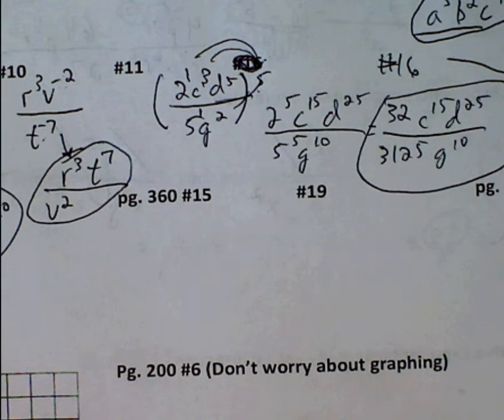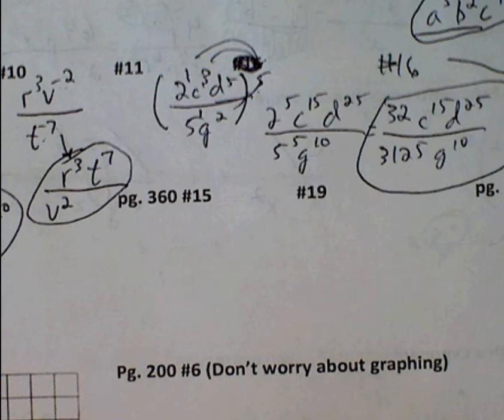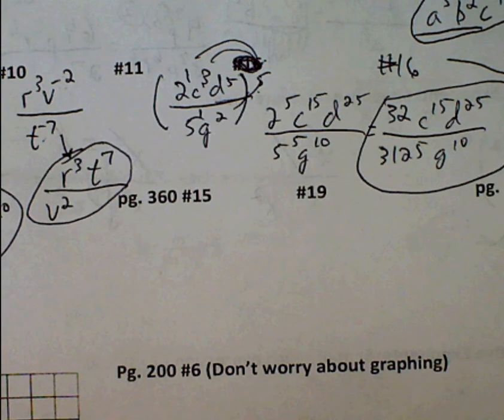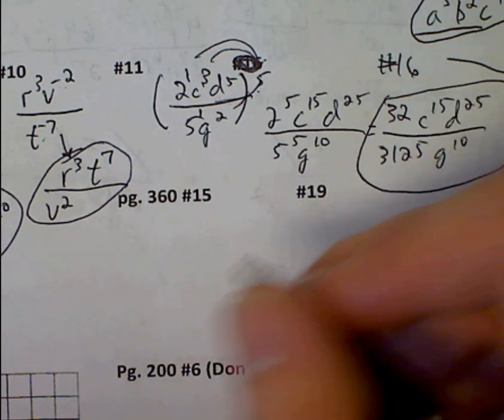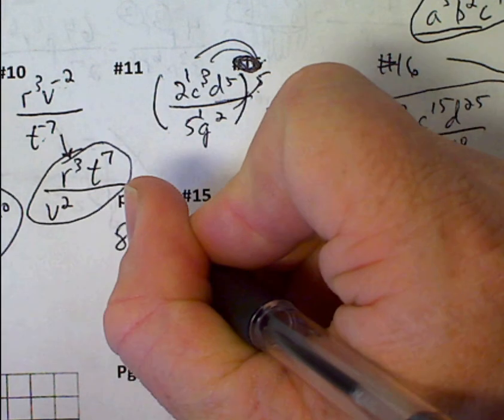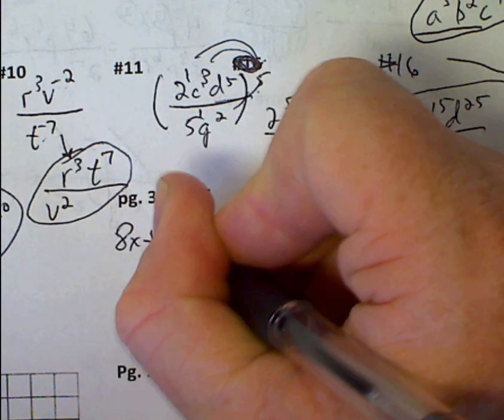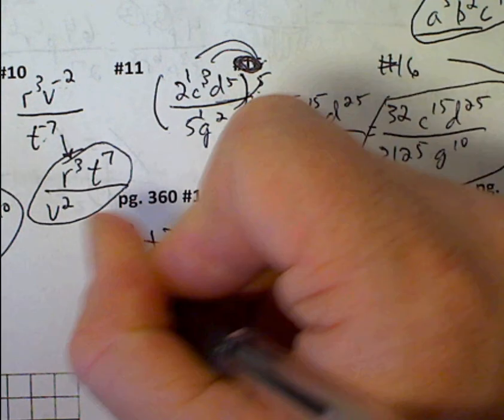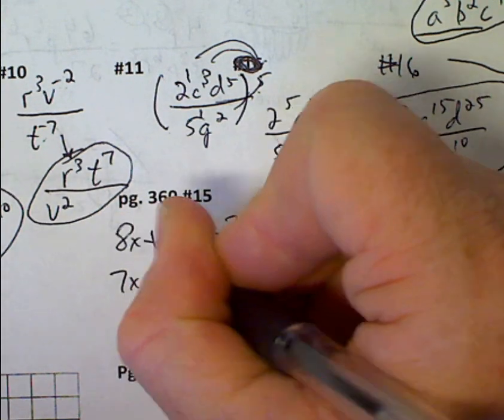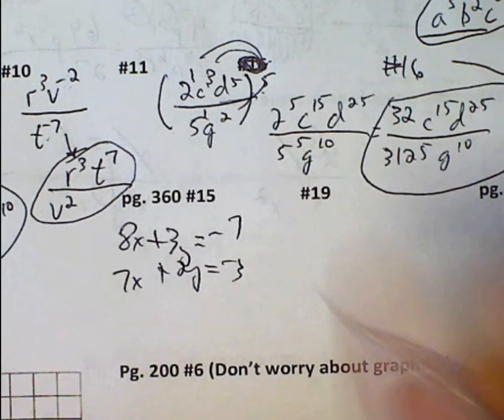Page 360, number 15. I have 8x plus 3y equals -7, 7x plus 2y equals -3.